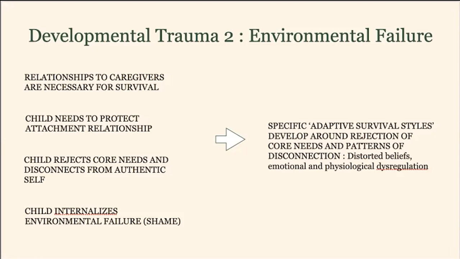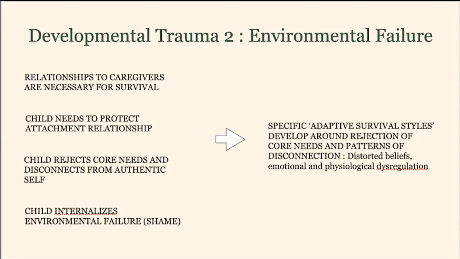Anything from chronic misattunement, or just an overall atmosphere where the child grows up that's not supportive, right up to variations of abuse and neglect. But we don't have to go into the exact specifics here. So in an environment of environmental failure, there's a whole different dynamic that ends up happening.